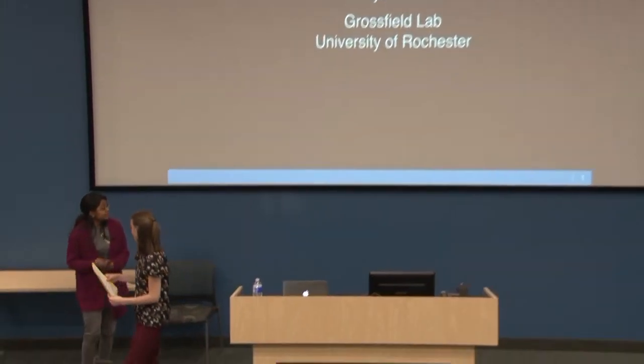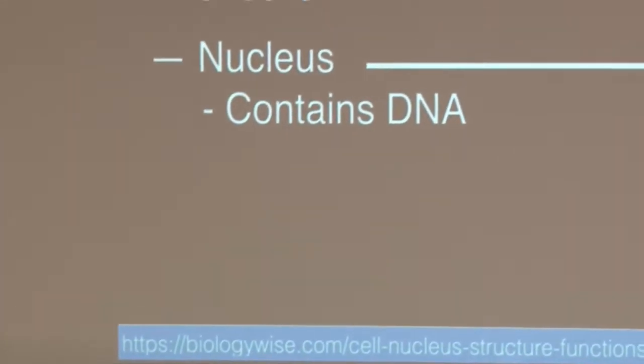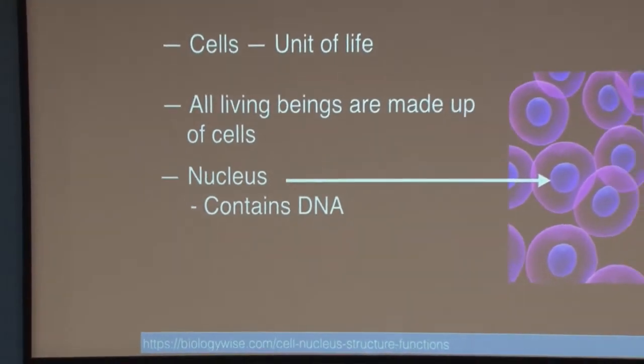Hi. So first, I wanted to talk a little bit, before going into the technique that our lab uses, about some of the biological systems which I'm going to refer to throughout my presentation. So as Chandani talked about, all living beings have cells, and they are the basis of life.